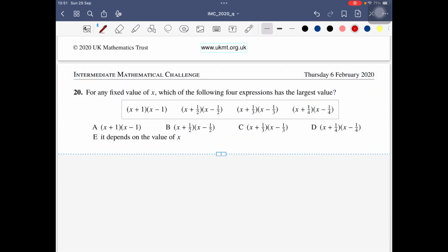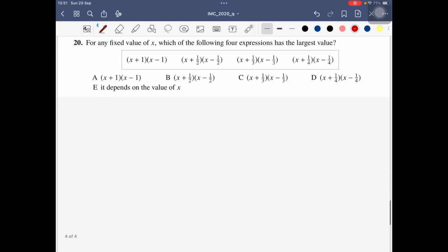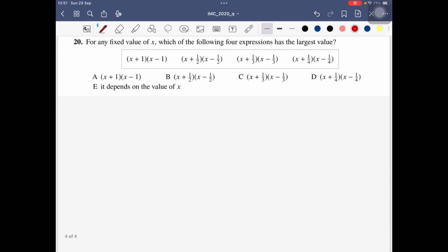Let's go for the next one. For any fixed value of x, the following expression, largest value. So x squared minus 1. This was the formula: like x plus y, x minus y, the product of sum and difference becomes the difference of the squares.